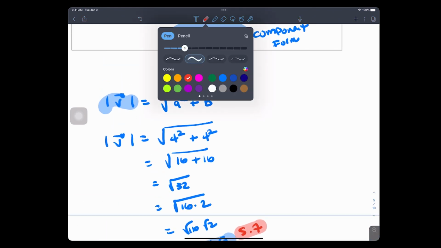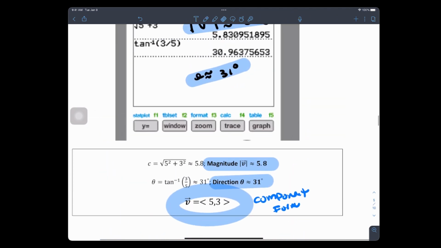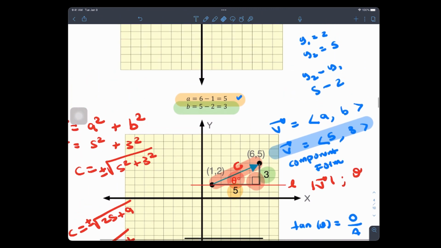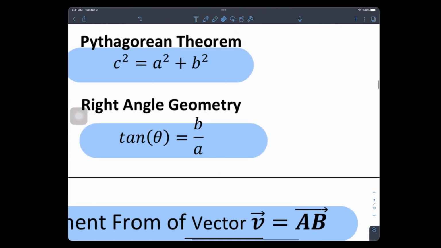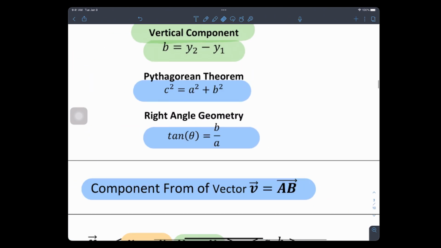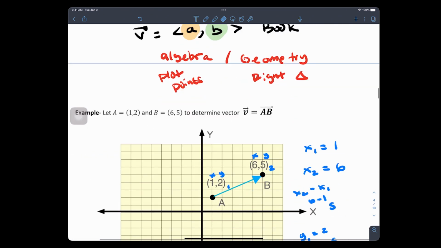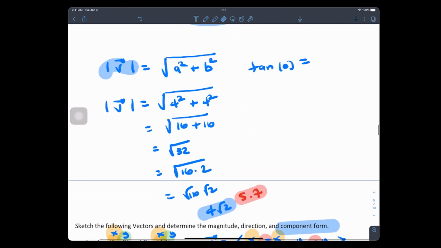Tangent theta, by definition, how did they define tangent theta? Right? Once you get your A and B value, remember the definition of tangent theta? It's B over A, which is 4 over 4. So you're going to have geometry and trig because, well, it's going to be, in this case, simpler.